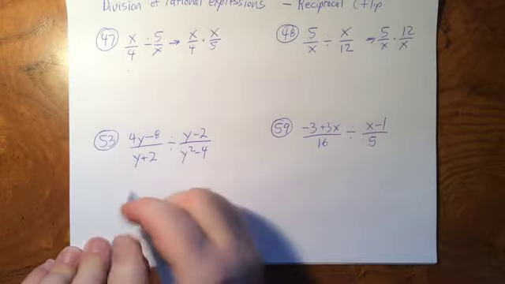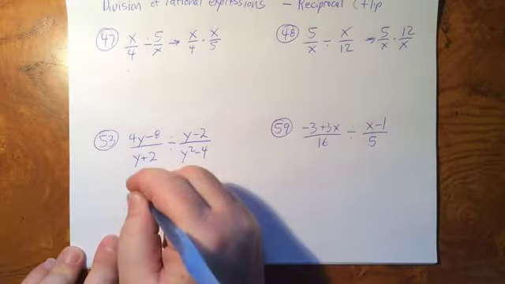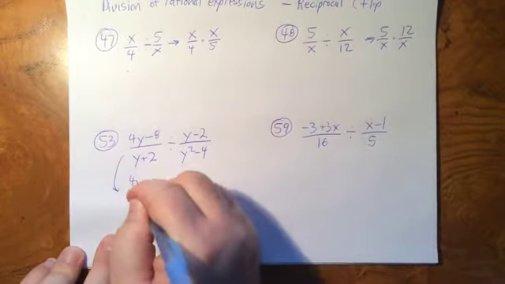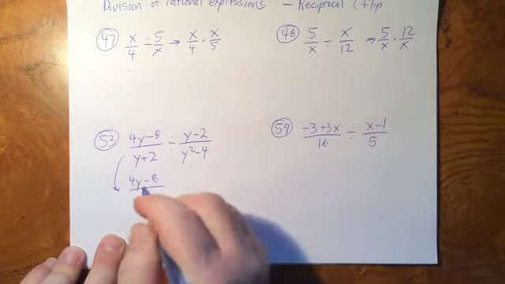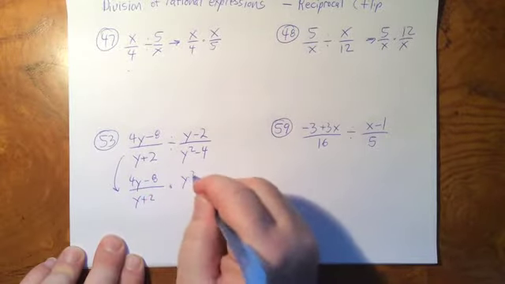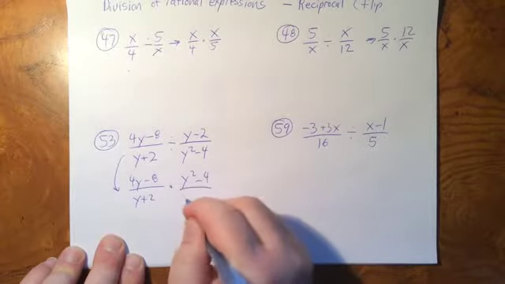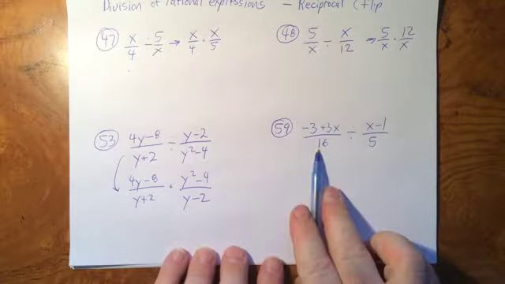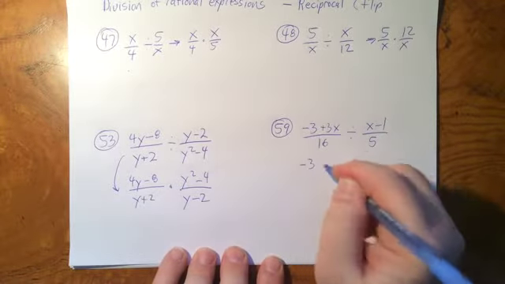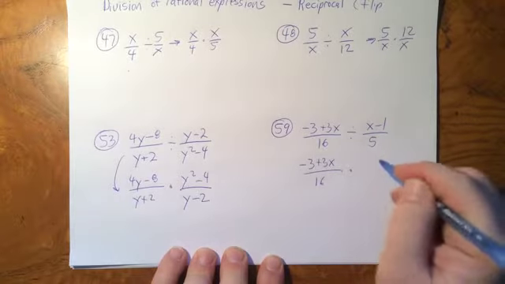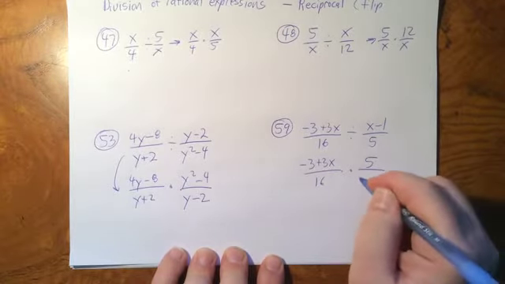Here, I'm going to get, I'll write this below, 4y minus 8 over y plus 2 times y squared minus 4 over y minus 2. And then over here, I'm going to write this as negative 3 plus 3x over 16 times 5 over x minus 1.